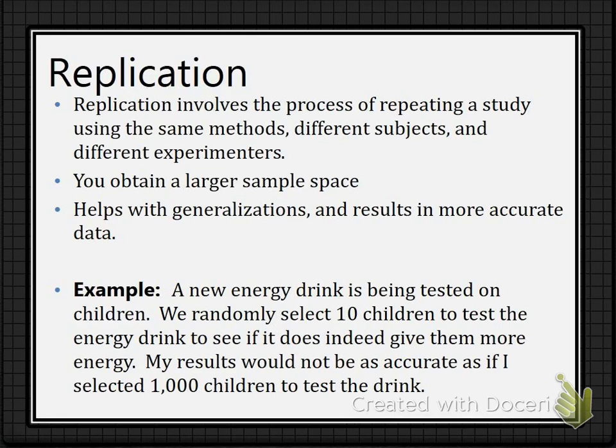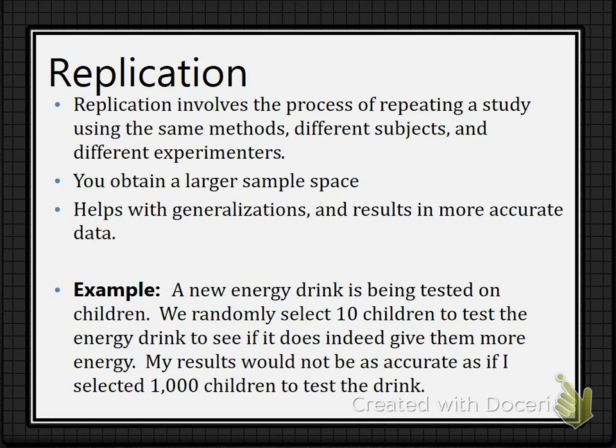So the bottom line is, if you test the results on 10 or 100 subjects, your results will be even more accurate if you increase that number to, say, 1,000, right? The more subjects you have, the easier it's going to be to tell if your treatment's working or not, okay?